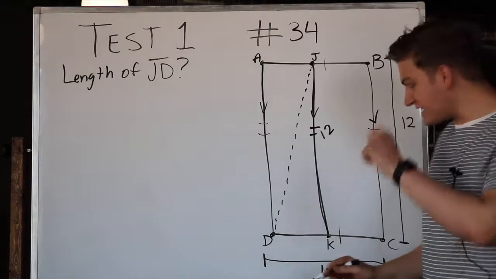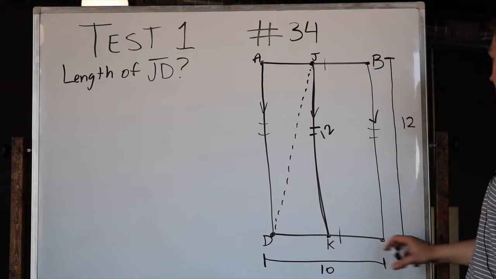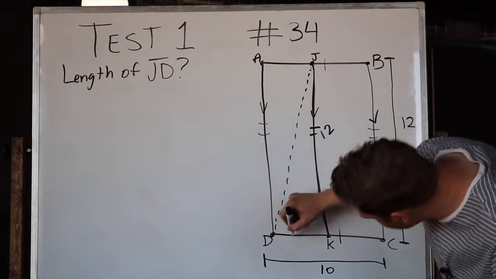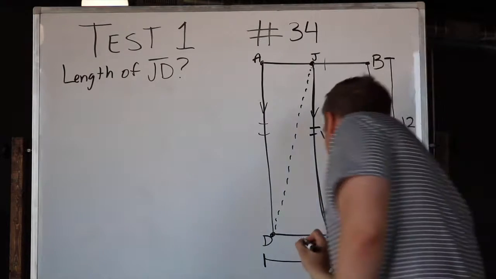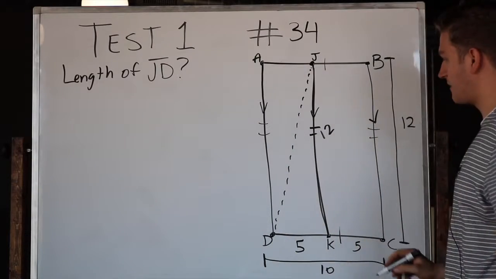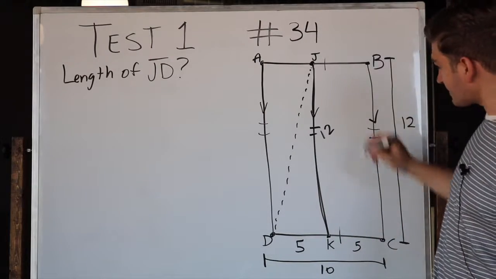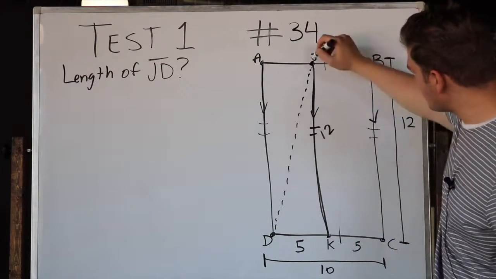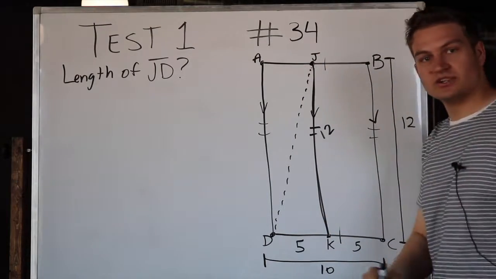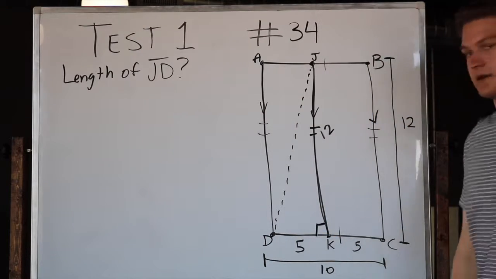I also know this. From D to K, since K is the midpoint of DC and DC has a length of 10, that means that this side from D to K has a length of 5, and from K to C, there's a length of 5. And now, the final thing, since this is the midpoint, this is the midpoint, and we drew a line between, and this line is parallel to these two sides of the rectangle, we actually have a right angle right here.